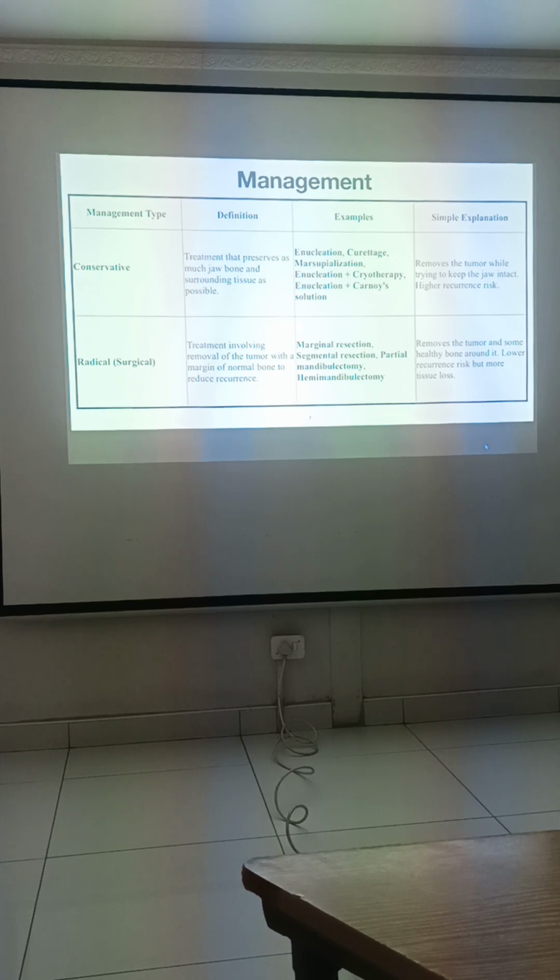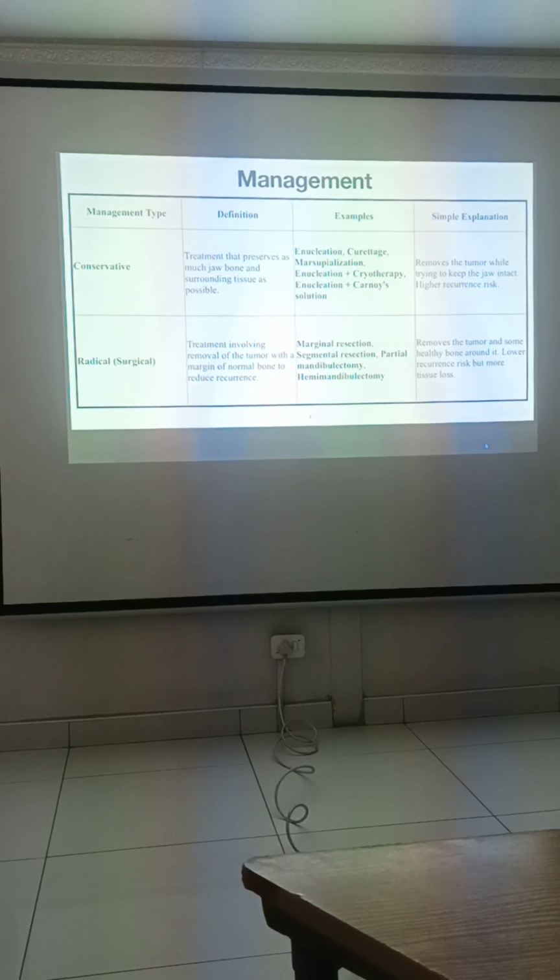Examples include enucleation, curettage, and cryotherapy, because these lesions have not completely invaded the entire bone. There is, however, a high recurrence risk because we are removing the tumor but we are not considering the safe margins, because we are trying to preserve tissue and bone structure.